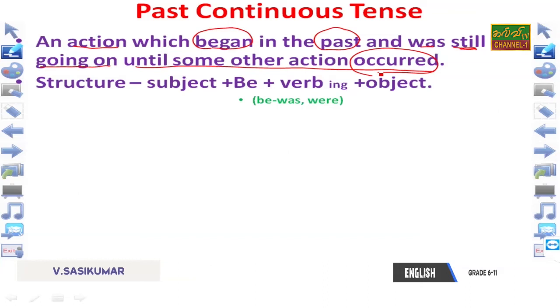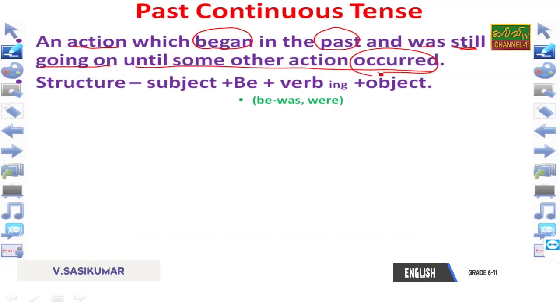So everyone can understand this session. What is the action? When did it happen? And was the action going on or not? So from this idea we can get clear knowledge.